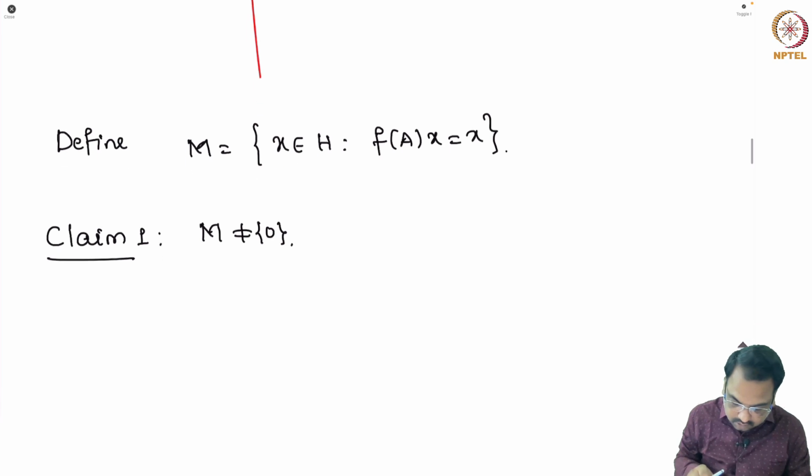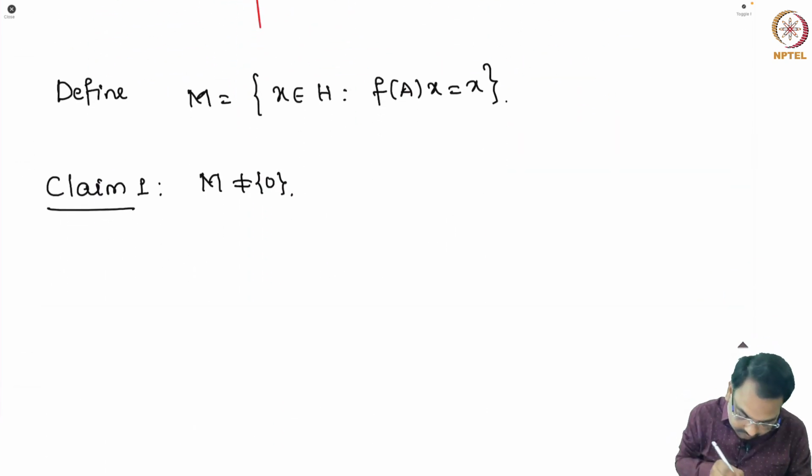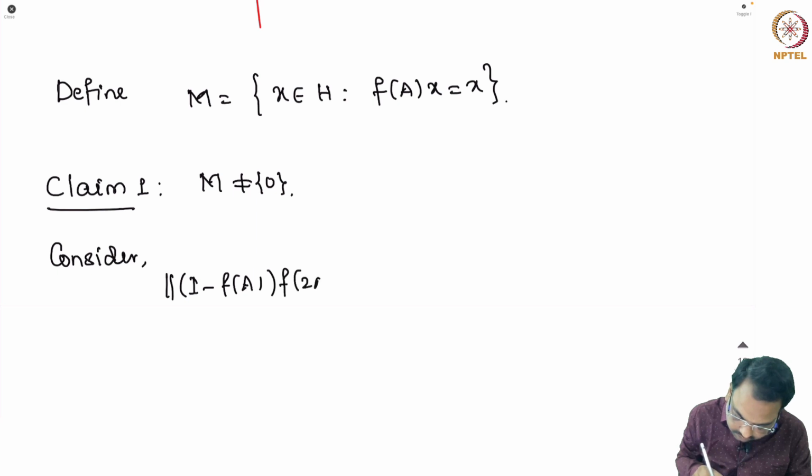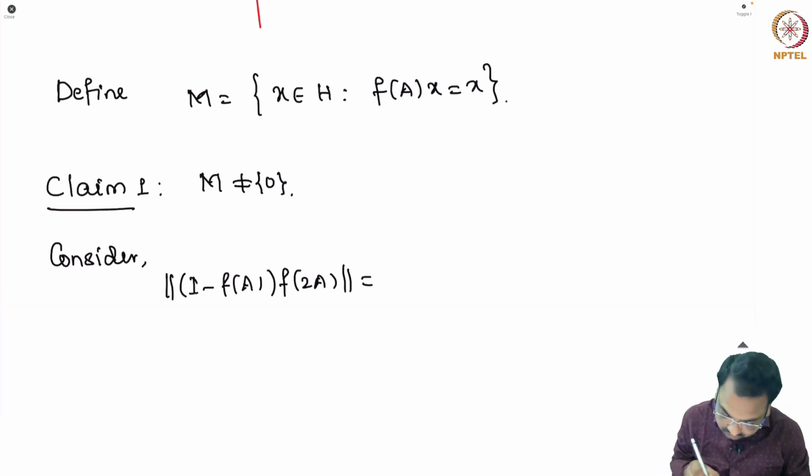Okay. Now let us try to find the norm of the function. So consider norm of (identity minus f(A)) into f(2A). Since A is self-adjoint and f is real valued, f(A) and f(2A) are self-adjoint.